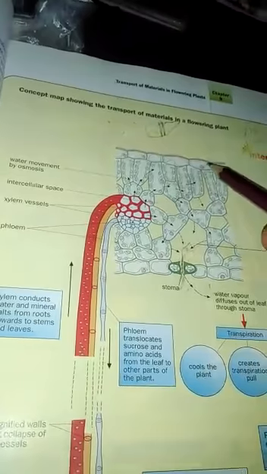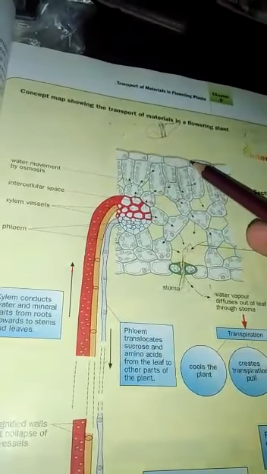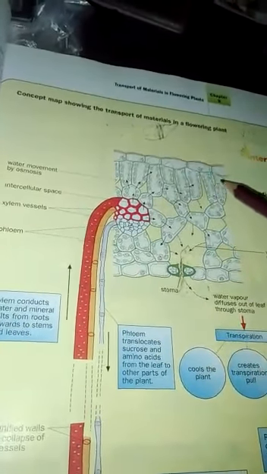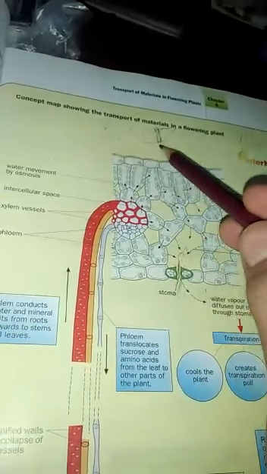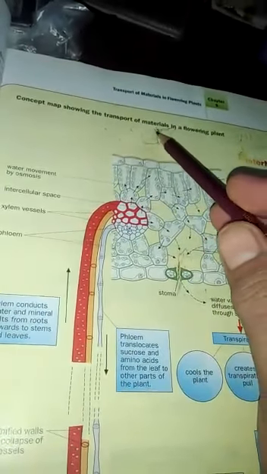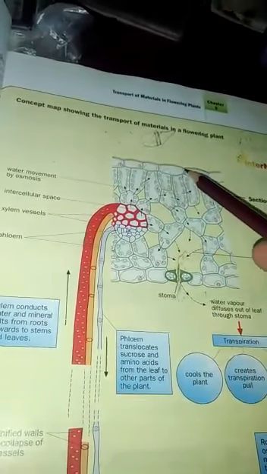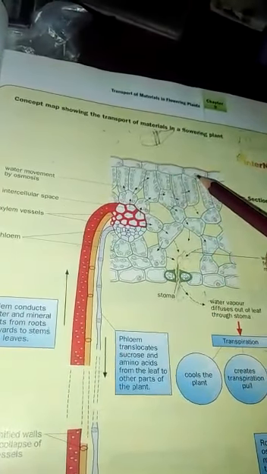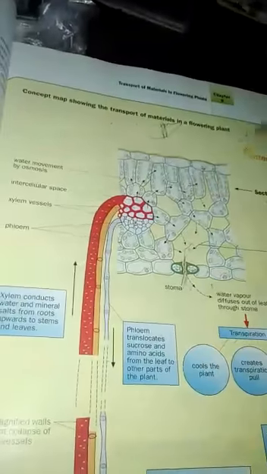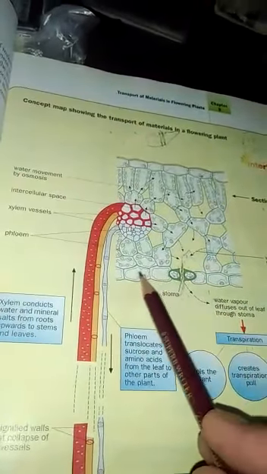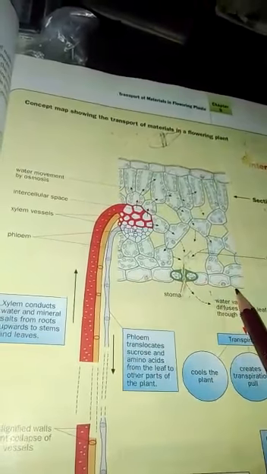It is the upper epidermis, having the same structure and same function. It covers and protects the leaf, right? It contains cell wall, cell membrane, nucleus and cytoplasm. This portion is the lower epidermis, right?